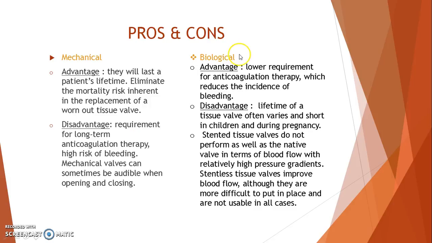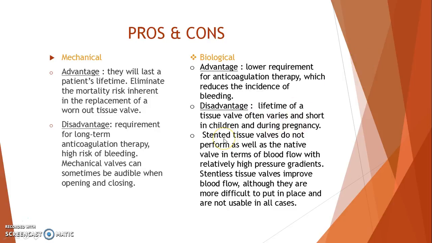Next is the biological heart valve. When using this kind of valve, the advantage is a lower requirement for anticoagulant therapy, which reduces the incidence of bleeding. However, the disadvantage is that the lifetime of a tissue valve often varies and is short in children and during pregnancy.